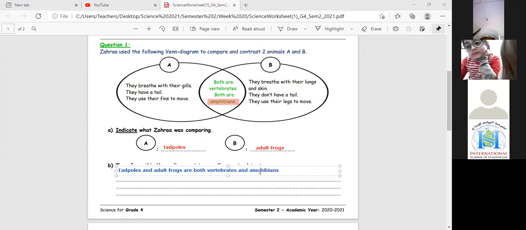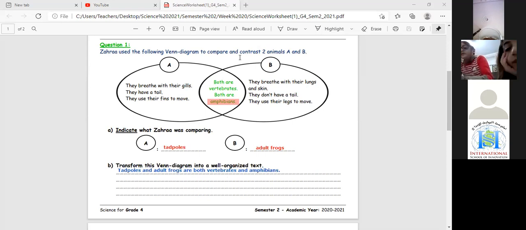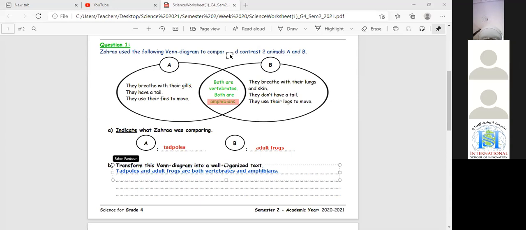Excellent. So did you see? We start our paragraph by mentioning the names of the animals. You should first tell me which animals you're talking about. Tadpoles and adult frogs. Yes, Ali.